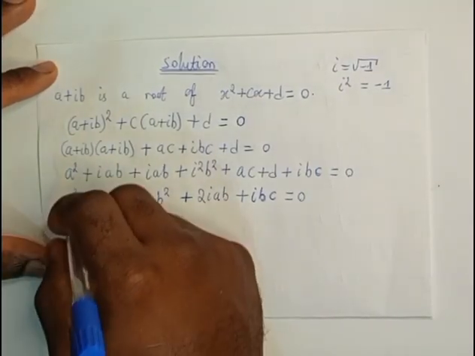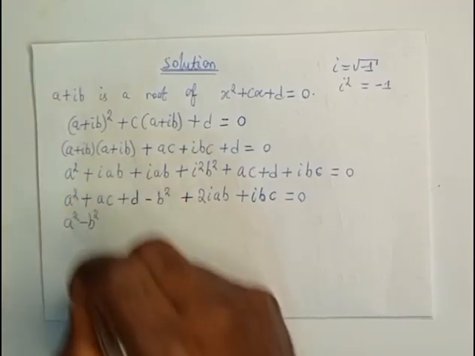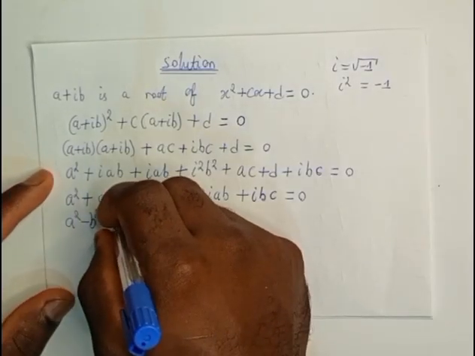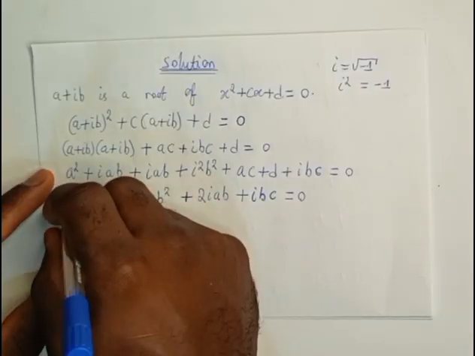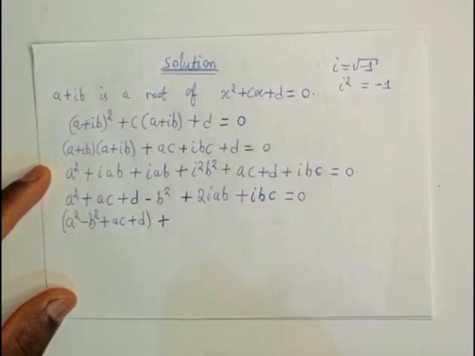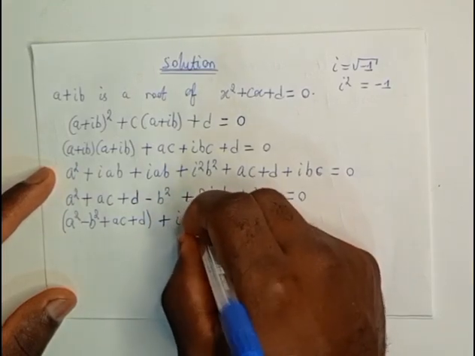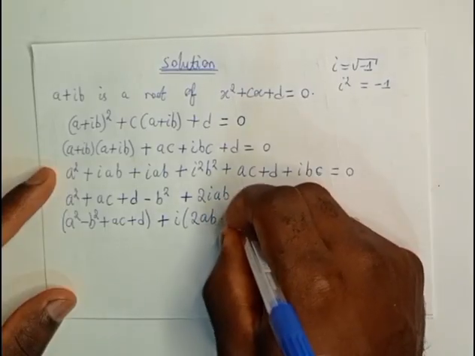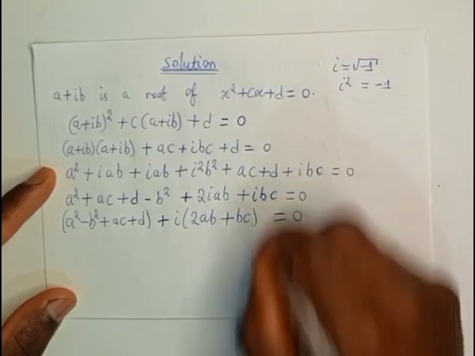This will give us a squared minus b squared plus ac plus d, this is the real part, plus, for the imaginary part, i times (2ab plus bc) is equal to 0.